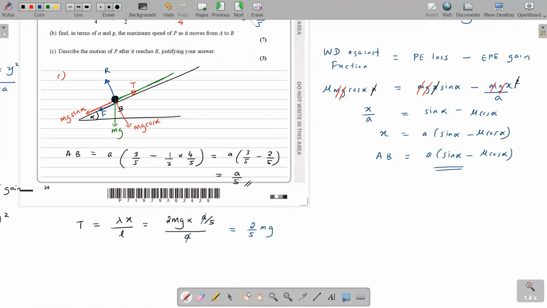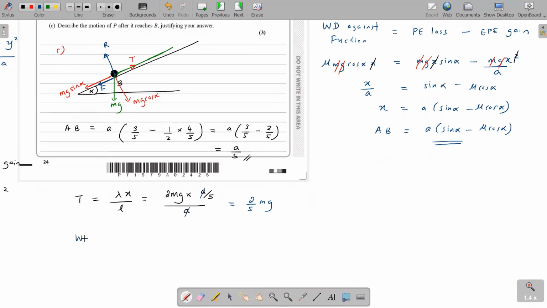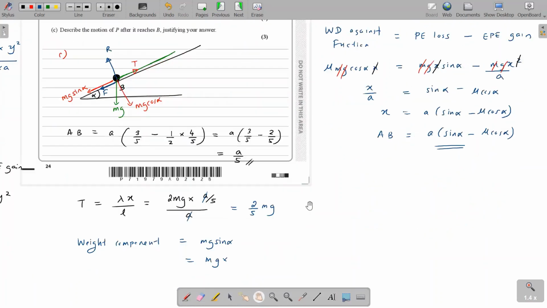Okay, and then what about the weight component downwards? mg sine alpha, weight component along the plane. mg sine alpha, which is m into g sine alpha, is 3/5.